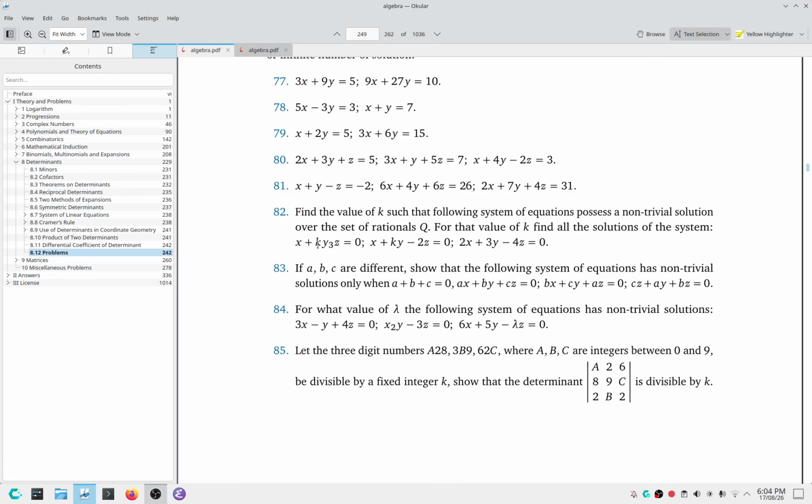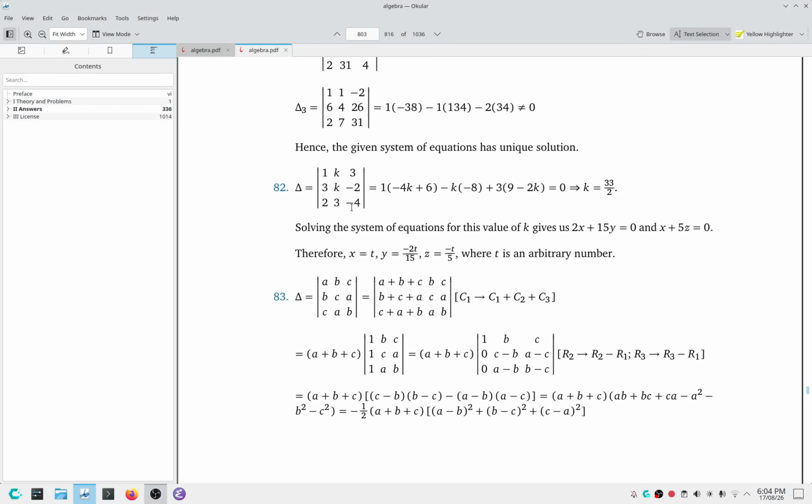There is some typing mistake in the question. So this is x plus ky plus 3z. Instead of plus, I have typed underscore, so it has become a subscript. So it is ky plus 3z is equal to 0. x plus ky minus 2z is equal to 0. 2x plus 3y minus 4z is equal to 0.